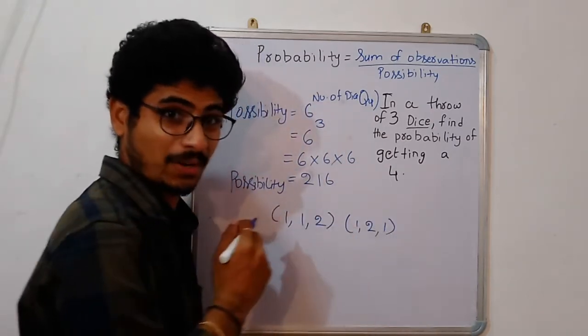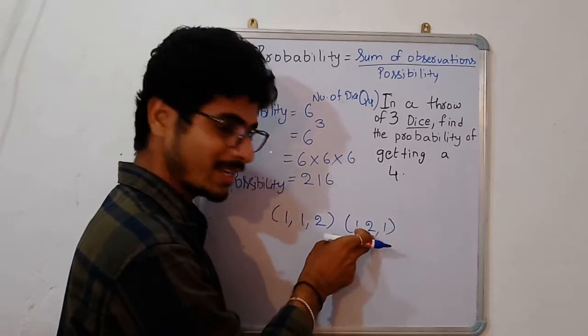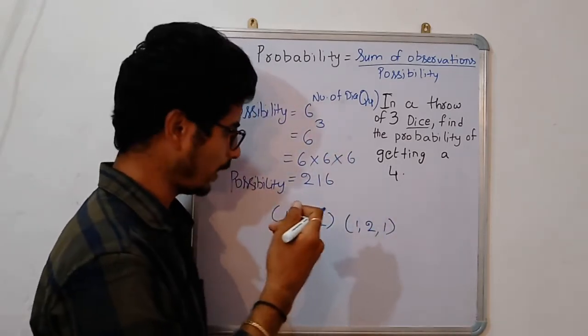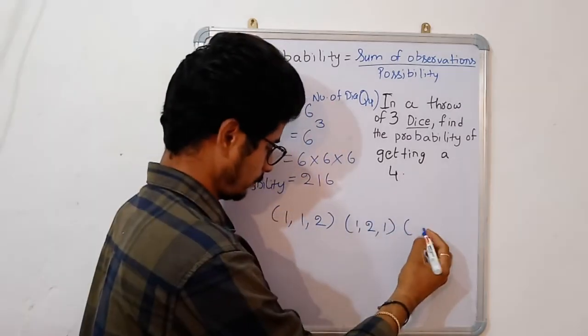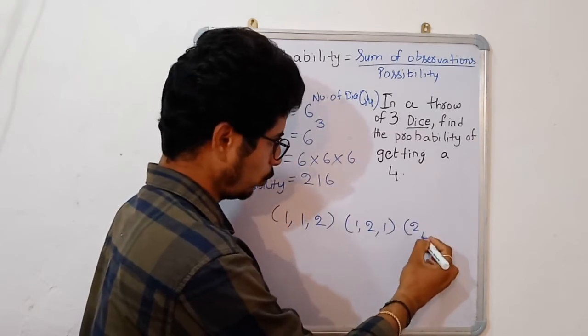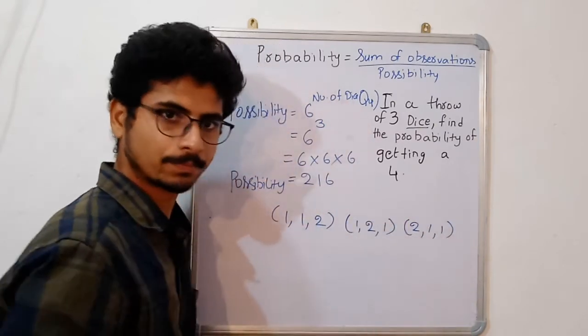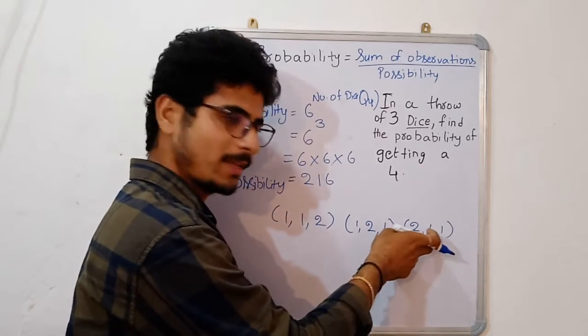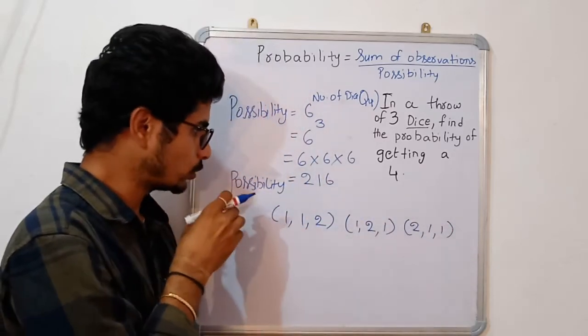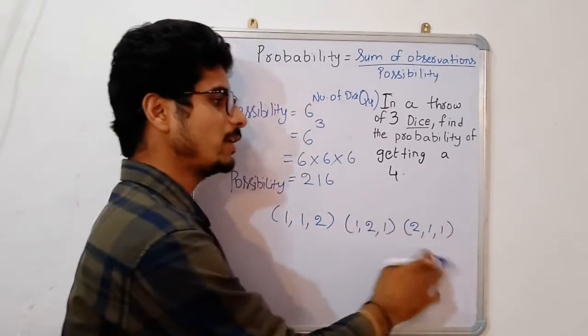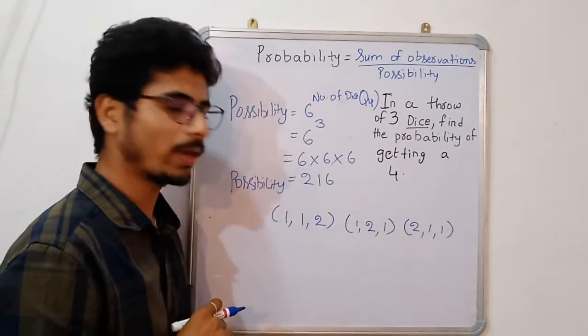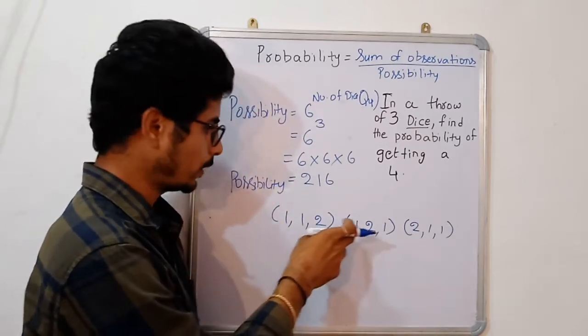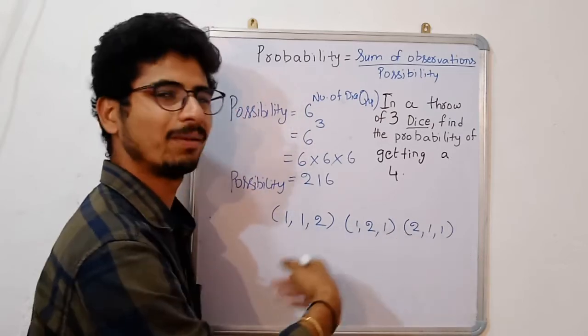So this is the second combination. 1 plus 2 is 3, 3 plus 1 is 4. Okay, next, 2, 1, 1. So 2 plus 1 is 3, 3 plus 1 is 4. Okay, so friends, these are the only 3 combinations we have: 1 1 2, 1 2 1, and 2 1 1.